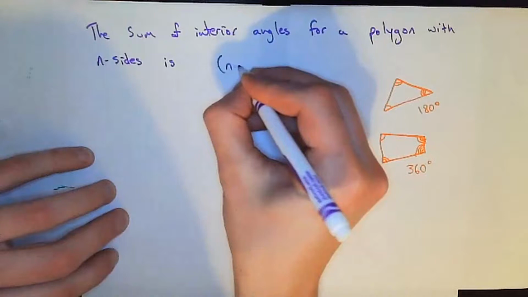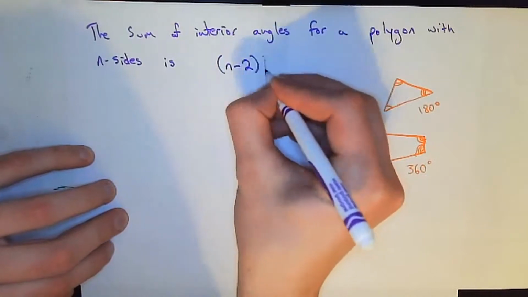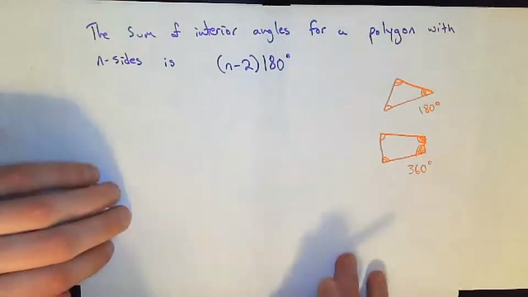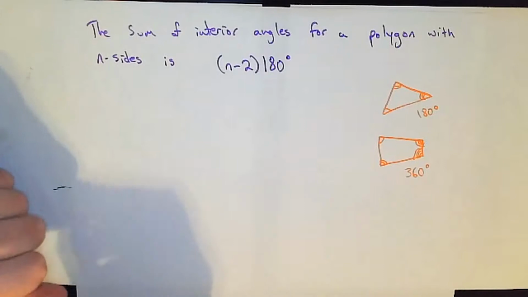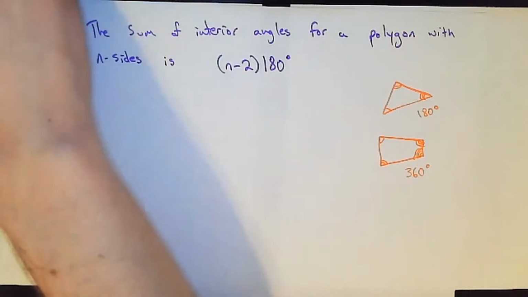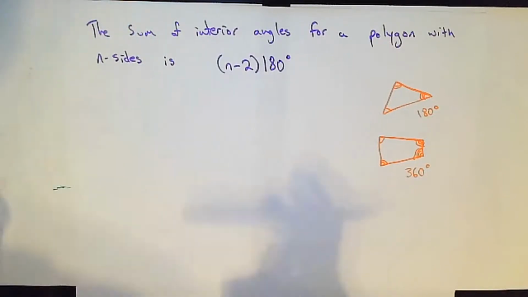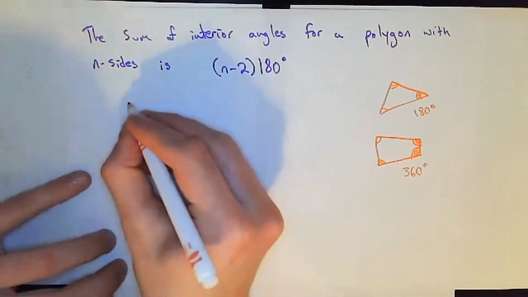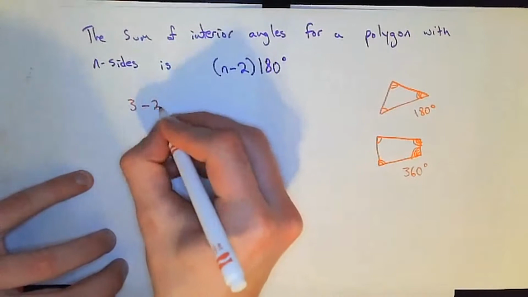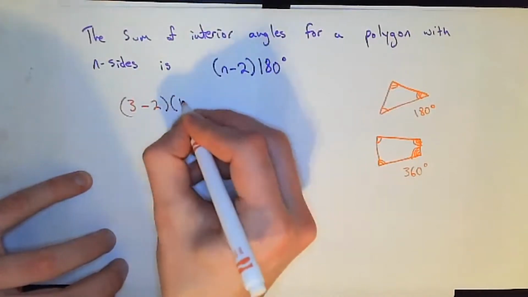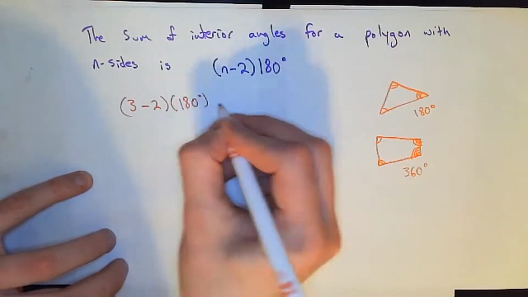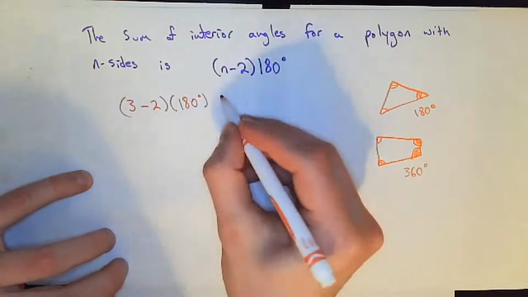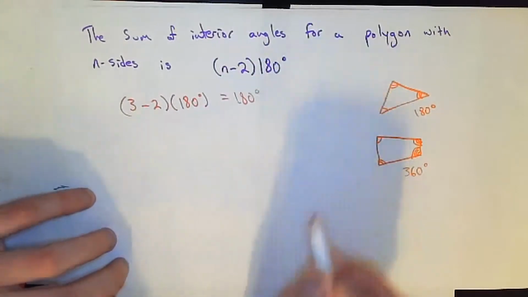Well, it's a pretty simple formula: n minus 2, times 180 degrees. So let's see this working. What's the smallest number of sides a polygon can have? 3, right? For a triangle, 3 minus 2 times 180 degrees. That's 1 times 180, just 180.